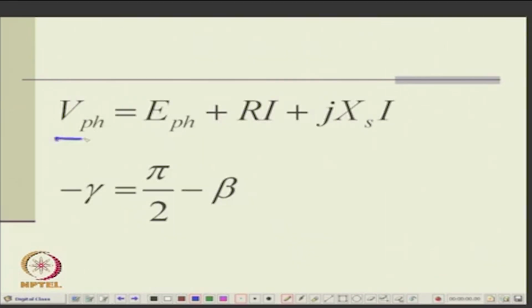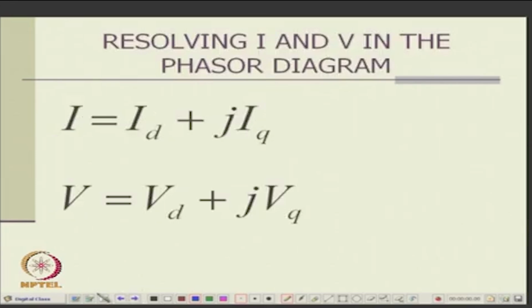Now, V phasor will be E phasor plus Ri plus j X I in the phasor, okay. This is the terminal voltage, and from that gamma is pi by 2 minus beta, from the angles that we have mentioned, right.